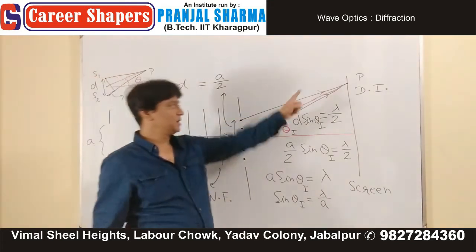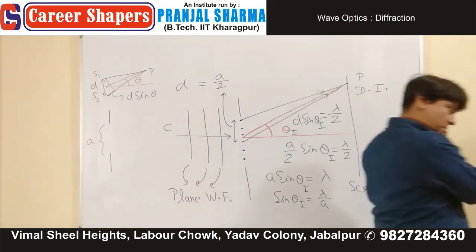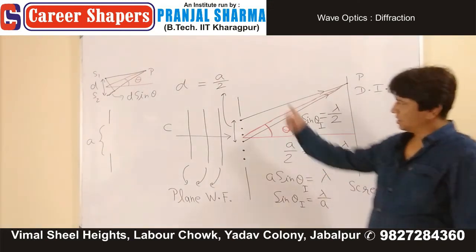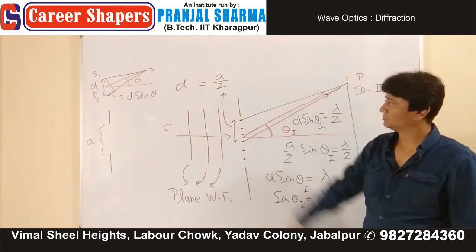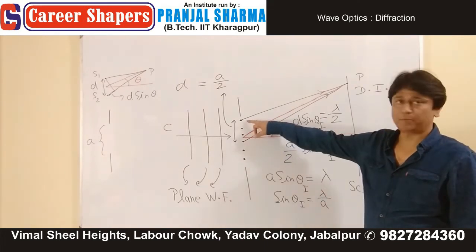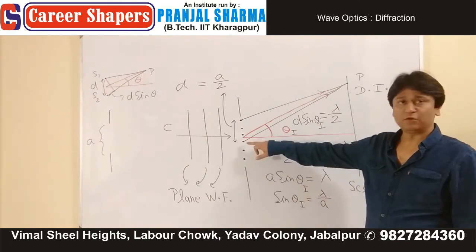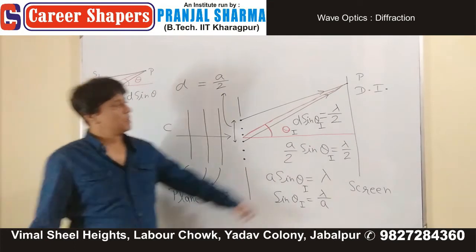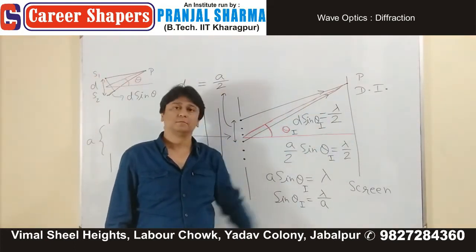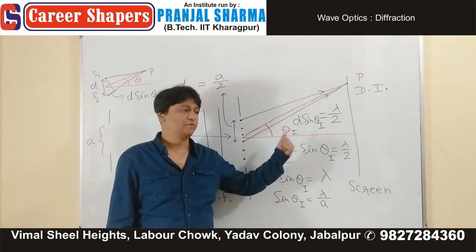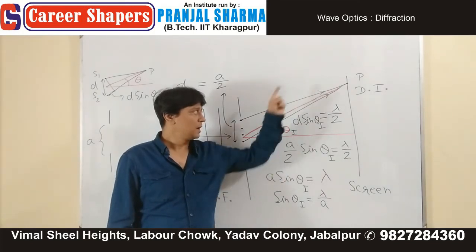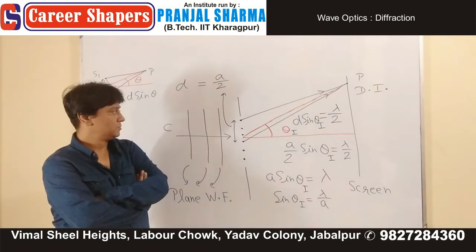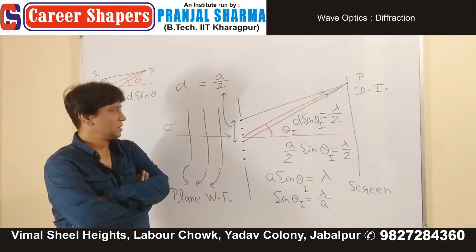When the angular position of P is theta first, the first secondary source of the upper portion and the first of the lower portion have a path difference of lambda by 2 at point P. That means their electric fields cancel each other.